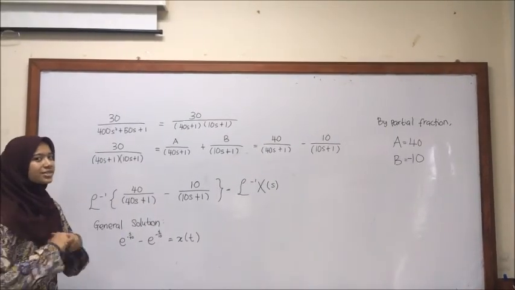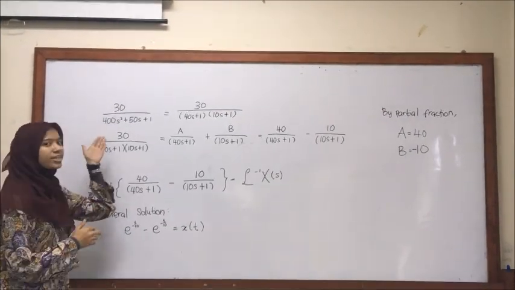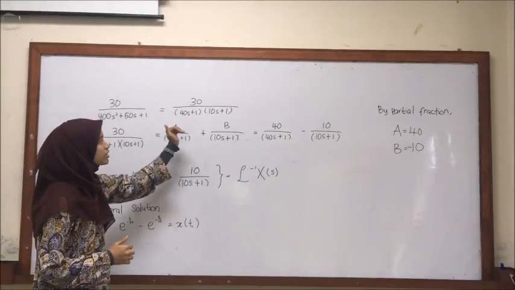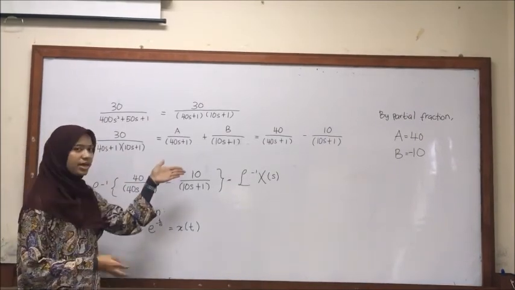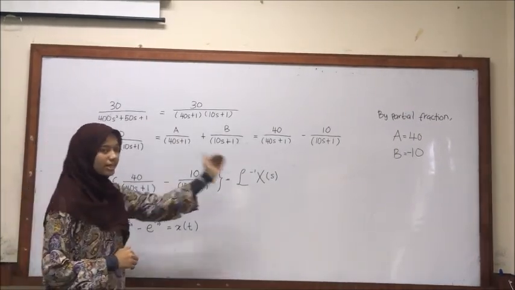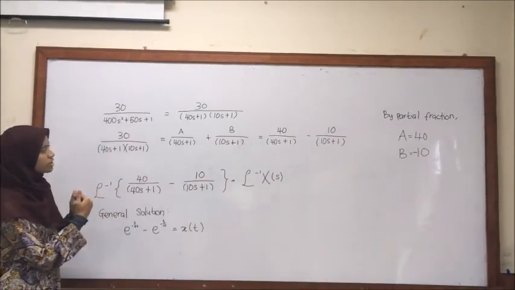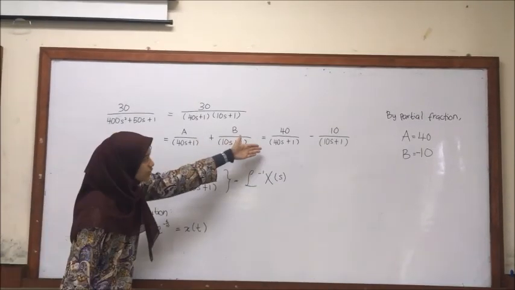For this equation, we need to simplify the denominator and gain this result, which is 3/40 over (40s plus 1)(10s plus 1). We need to find the values of A and B, and we gained the result that A equals 40 and B equals negative 10. We substitute the values of A and B into the equation, and we gain this one.